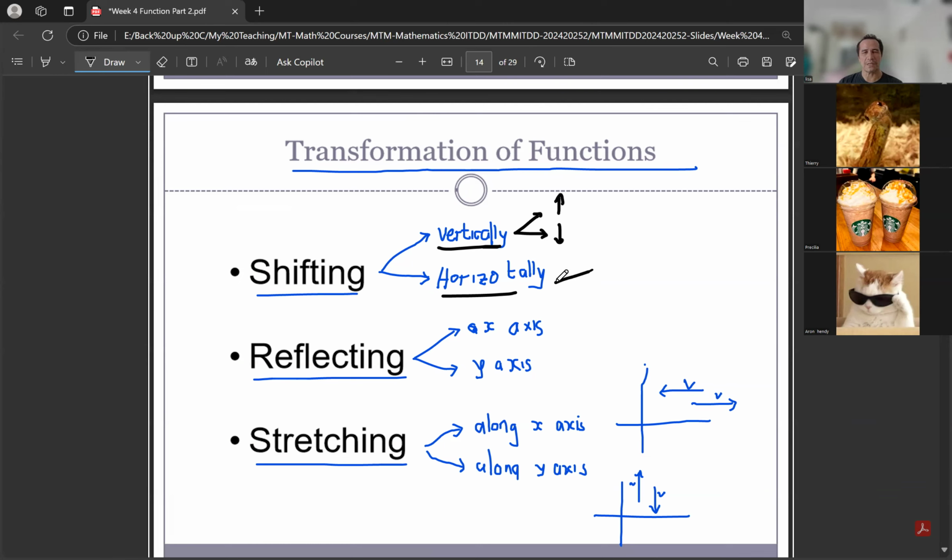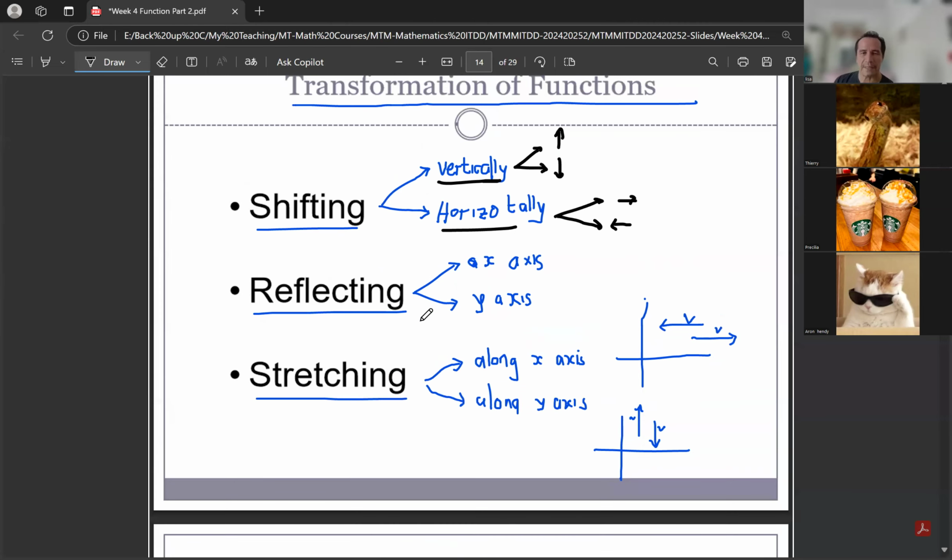And horizontally is also divided into two things, to the right or to the left. Reflecting, x-axis. Stretching or shrinking.